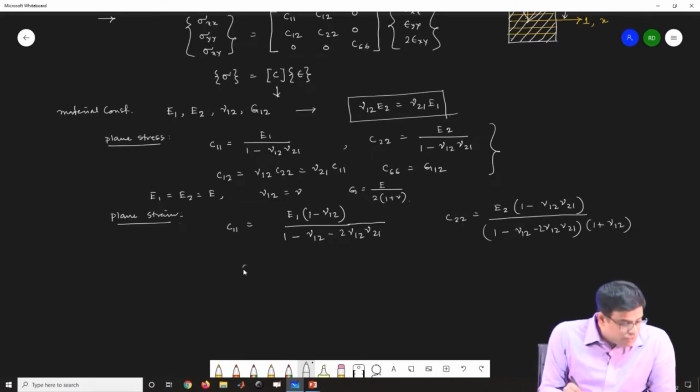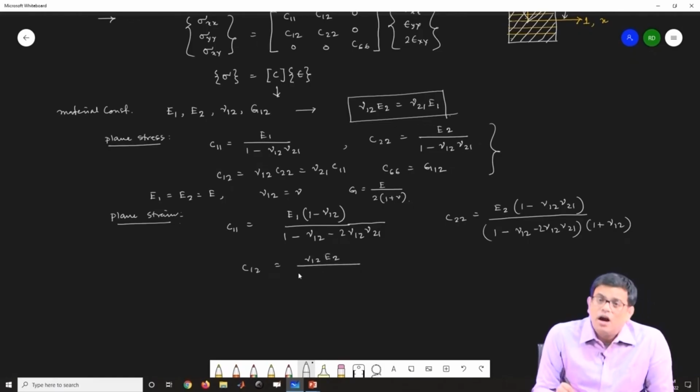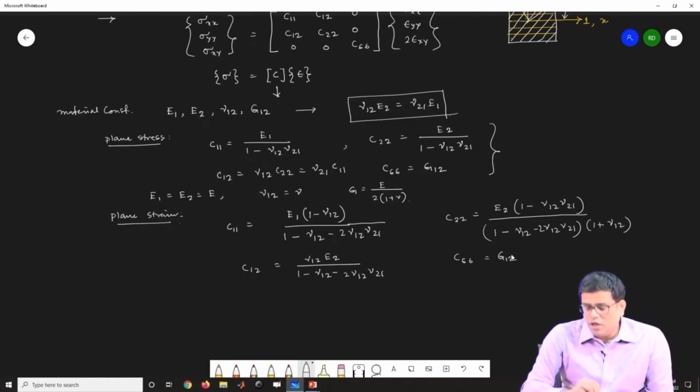And C12 is nu 1 2 E2 divided by 1 minus nu 1 2 minus 2 nu 1 2 nu 2 1. You can see this proof in any book on composites. And C66 is your G12. So this is for plane strain.